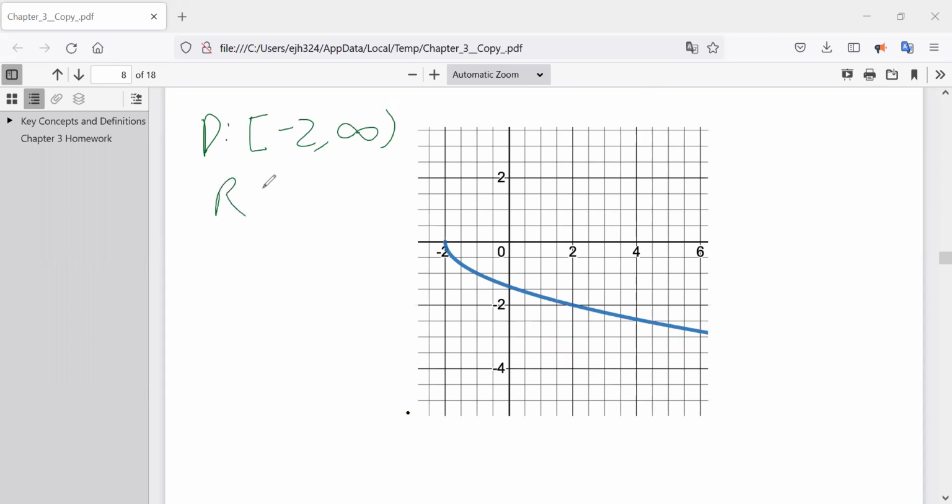And the range? -infinity to bracketed 0. Yes. So the domain starts off here at -2, and then it can get as big as you want. You can plug in any number that's bigger, and the y value peaks out at 0, but can get as small as you want, even if it grows very slowly.